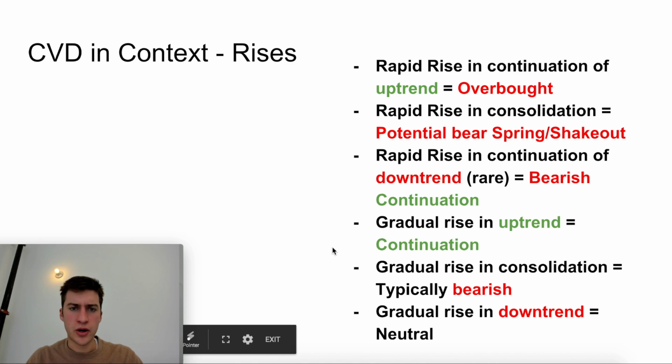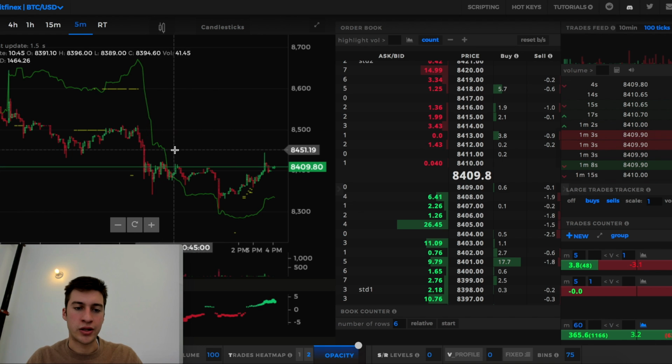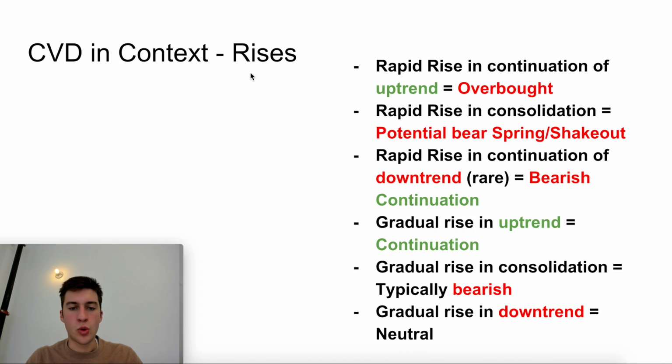All right, so let's talk about how we use this indicator in conjunction with price. When I say rapid rise and gradual rise, what I'm talking about is CVD, and I don't necessarily mean a rapid rise in price. I just mean that a rapid rise has occurred in the CVD value, as you can see here. What exactly constitutes a rapid rise or a rapid drop in CVD?